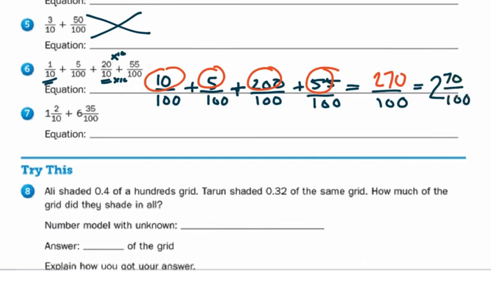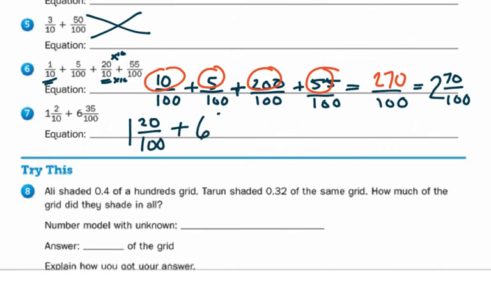And lastly, notice we're adding mixed numbers, I should say, whole number plus a fraction. So let's go ahead and write 1. We're going to change 2/10 so that it has a denominator of 100. Multiply the numerator and the denominator times 10. 2 times 10 is 20. 10 times 10 is 100.